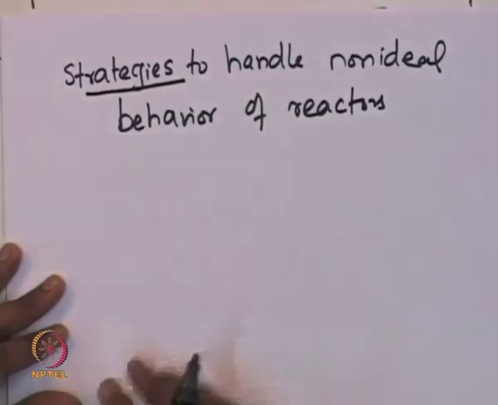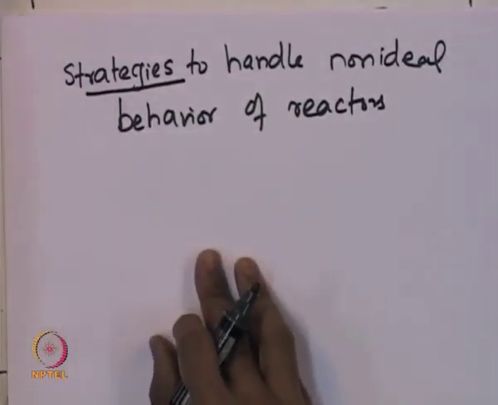It is important to come up with strategies to handle the non-ideal behavior of reactors, and this is very common because the ideal reactors such as the plug flow and the mixed flow reactors are not a good representation of real world reactors. They do not behave exactly like plug flow and mixed flow, and in fact, we will see in future lectures that one can clearly show using the residence time distribution that real reactors do not necessarily behave like a plug flow or mixed flow.